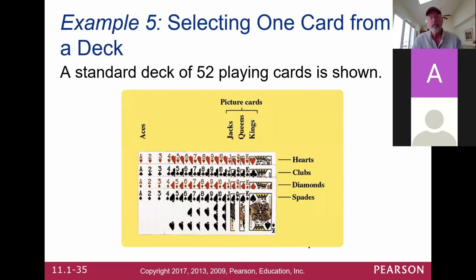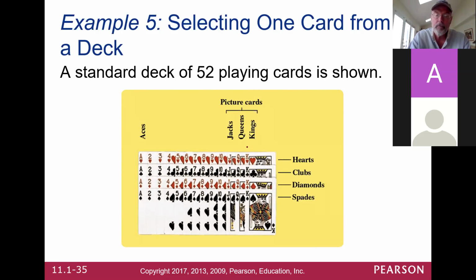The total number of cards is 52 playing cards. There are numbers and face cards, from 1 through 10, J, Q, and K, the Jack, the Queen, and the King.